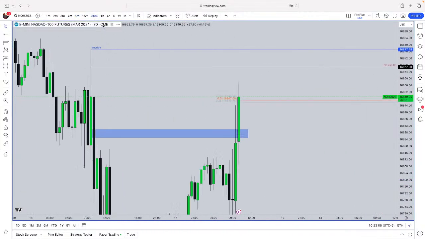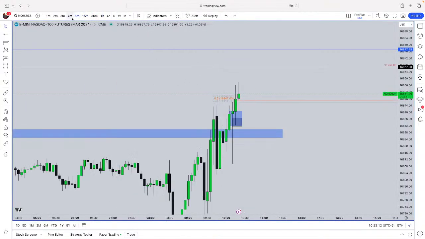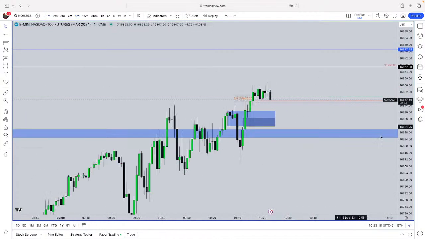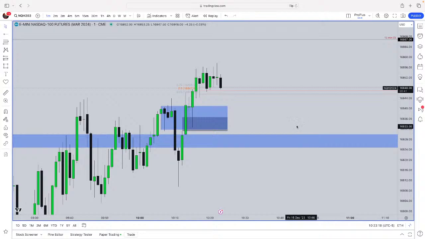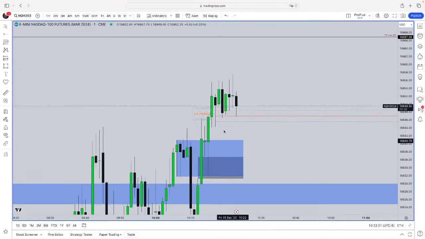Just take a look at the 30, take a look at the hour. Yeah, there's nothing else really. No inefficiency, so it just comes down to the wicks. So if it does close below this wick here, it doesn't mean for me to close the trade, or if I was in the trade, it doesn't mean for me to close it.